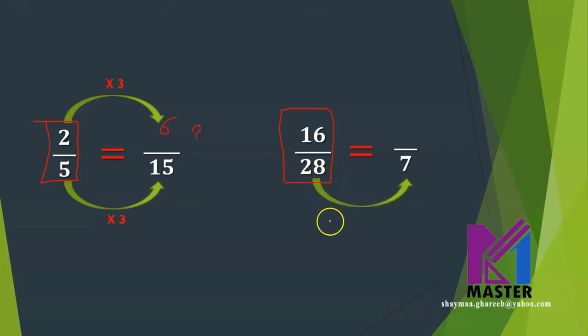So 28 divided by what gives a 7? Divided by 4. I will do exactly the same with the 16. So 16 divided by 4 equals 4. So 16 over 28 is equal to 4 over 7. And both of them are equivalent fractions.